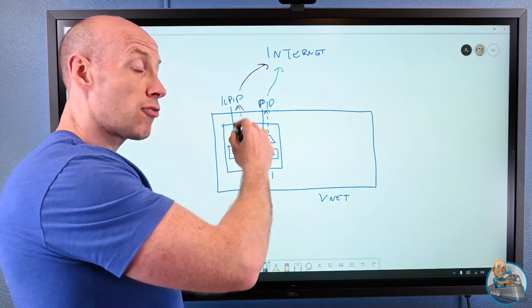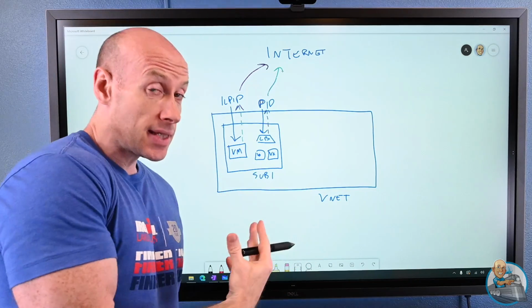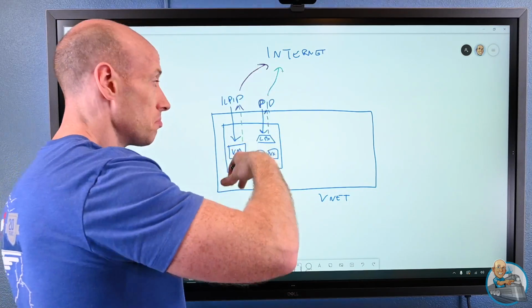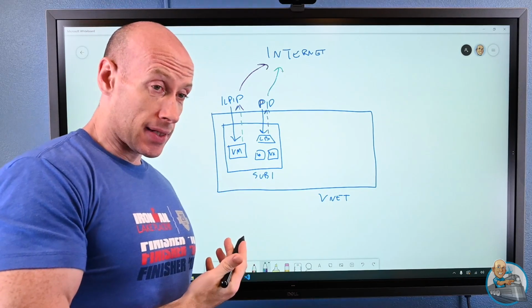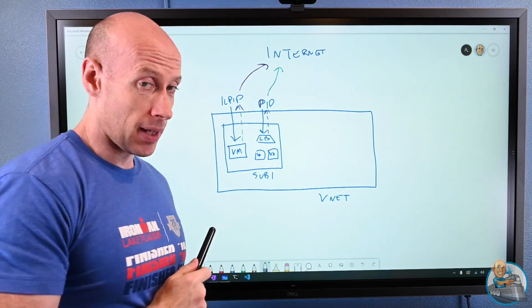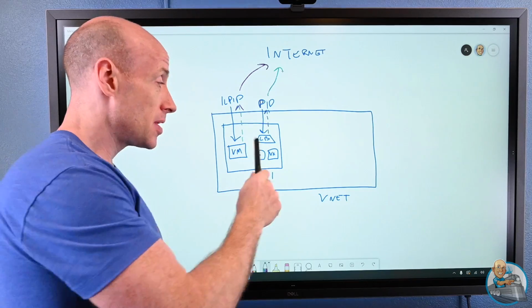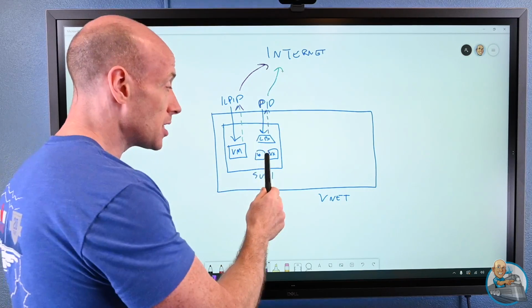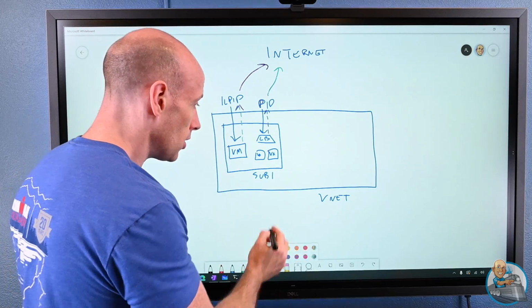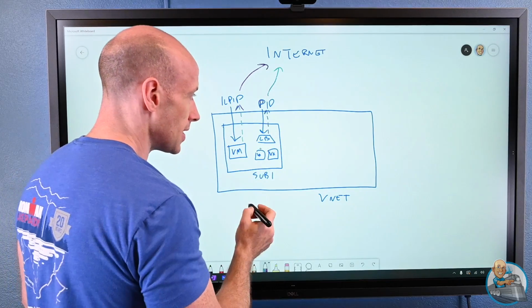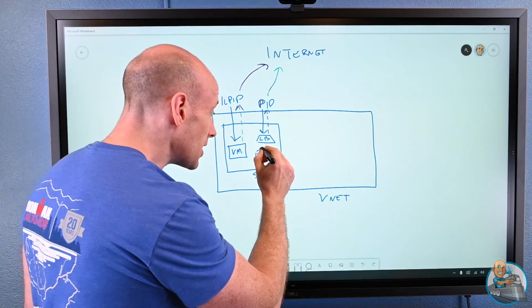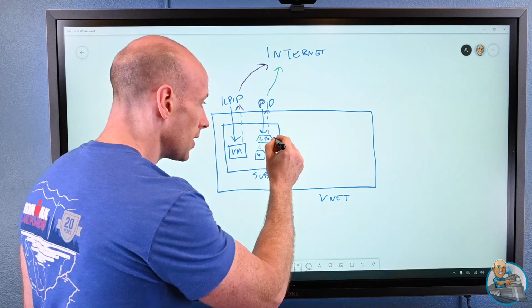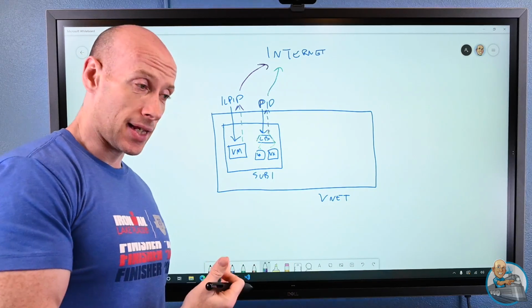Now there are some different functionalities here. If it's a basic load balancer, that's just what happens. If it was a standard load balancer and it did not have a public IP address, these wouldn't be able to get to the internet. So things behind that load balancer would not be able to get to the internet. As long as the standard load balancer does have a public IP, then the things behind it will use that to go and get to the internet.